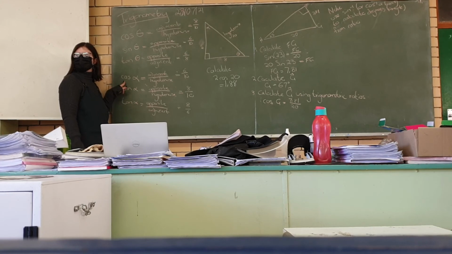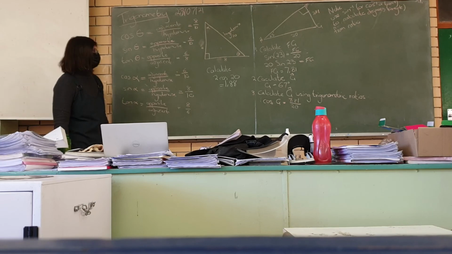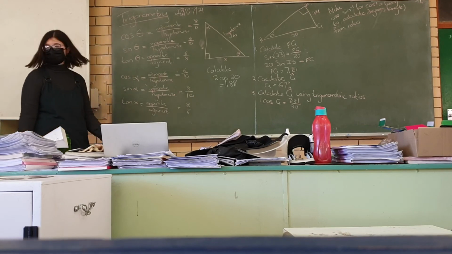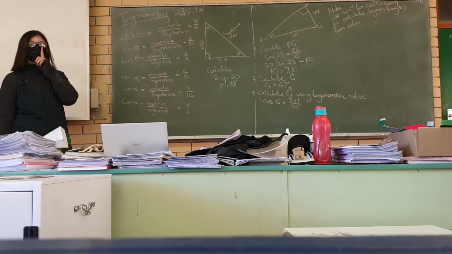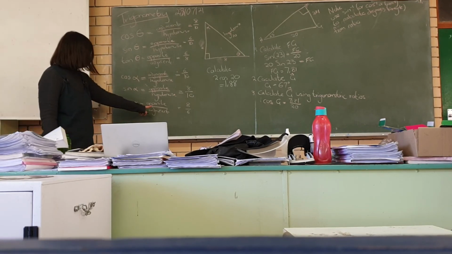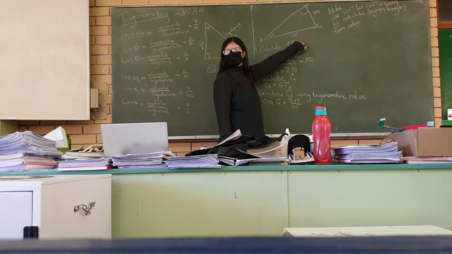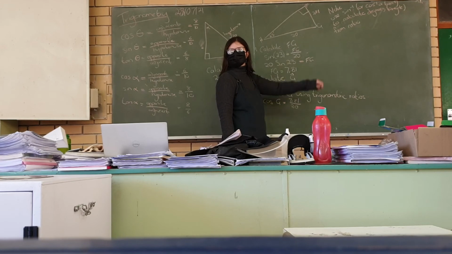You have to know these rules off by heart. Tan is adjacent and opposite, but I don't have the opposite, I have the hypotenuse.